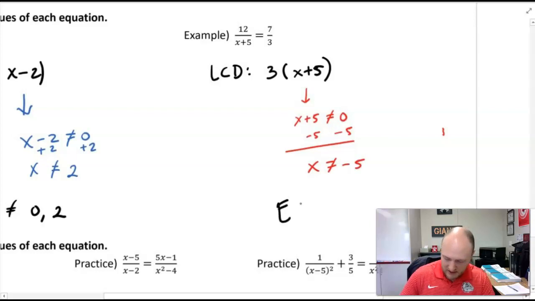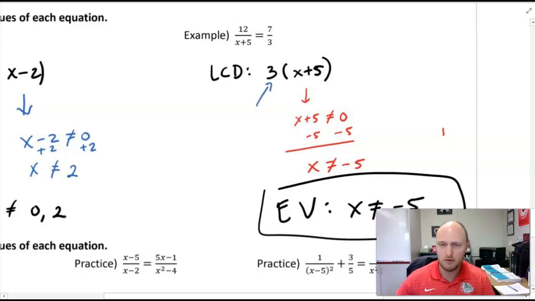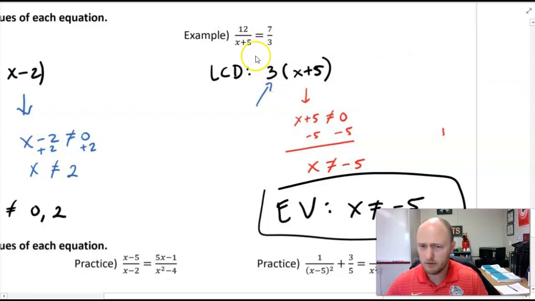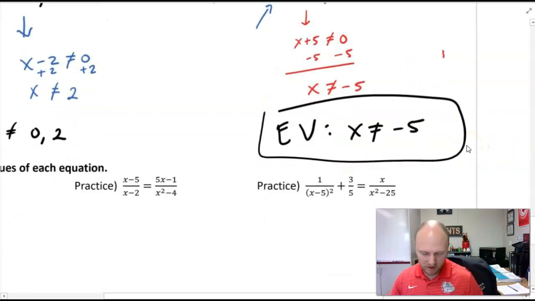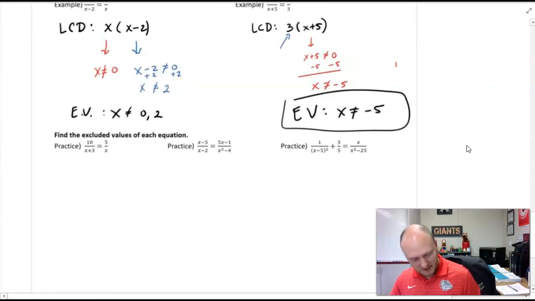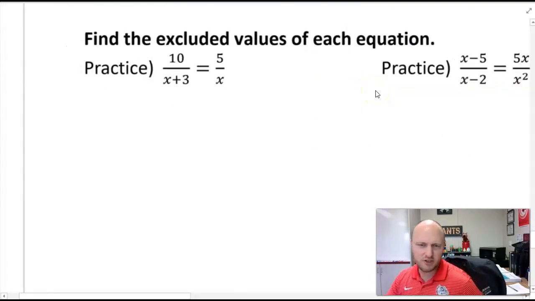Okay, so that is our excluded value. What about the 3? The 3 is a 3. It's not going to be 0. Leave that 3 alone. Don't be a bully. You're telling us to exclude values. You're the bully. Yeah, but I have a reason why. Don't judge me. Just listen.